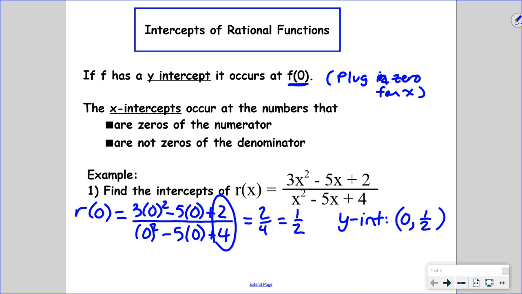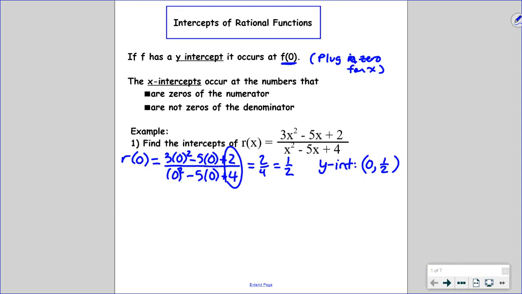And so the ordered pair for the y-intercept in this case would be 0 and 1/2. Now to find the x-intercepts, we're going to have to factor the numerator and the denominator just so we can determine the zeros. In order to factor the numerator, I would first start by multiplying the 3 times the 2. That would give me x squared minus 5x plus 6.